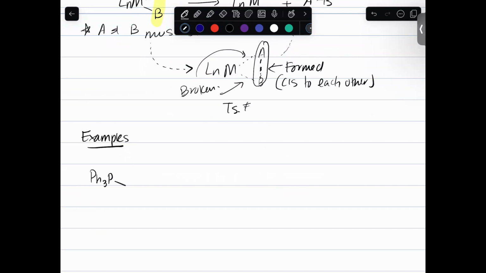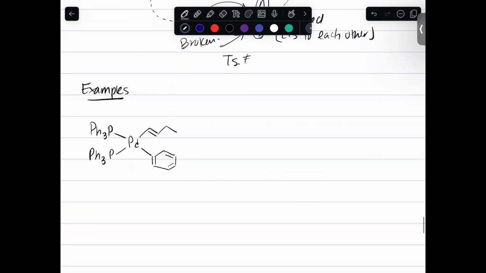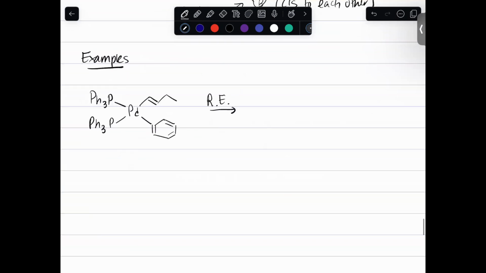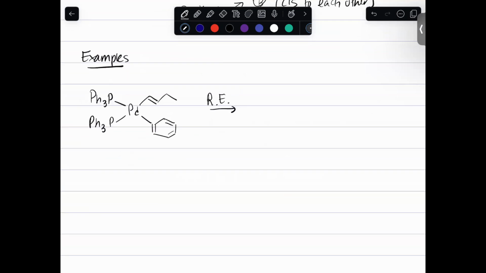And what I'll do as I'm going through the examples is I'll also give you the electron count of your complexes. RE is reductive elimination. This is palladium 2 plus, which means that there are 8 electrons.